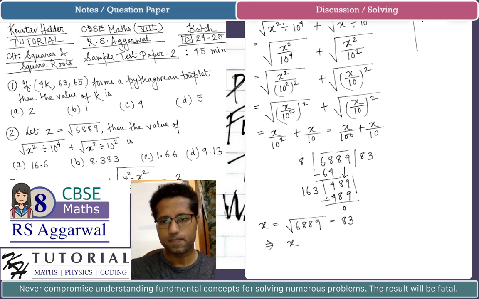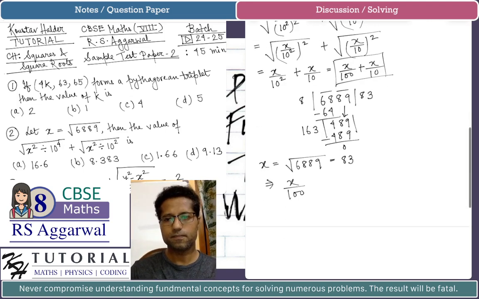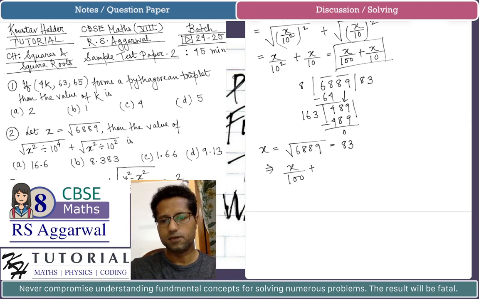So this was the value of the given expression, x by 100 plus x by 10. With x as 83, it is 83 by 100 plus 83 by 10.